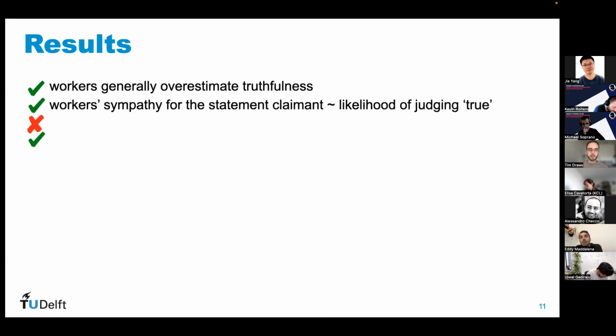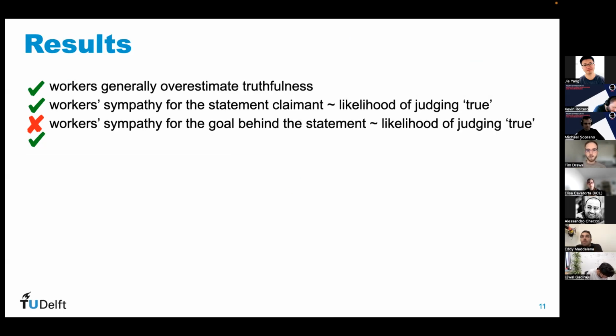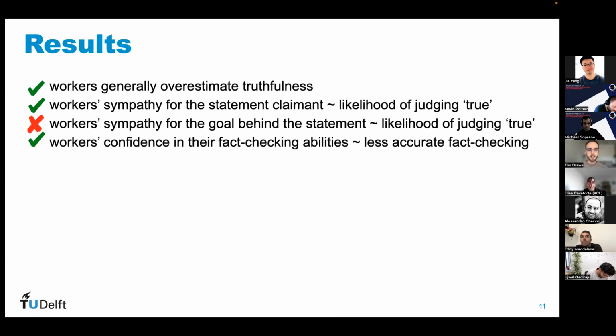We also found evidence for an affect heuristic. Worker sympathy for the statement claimant was positively related to the likelihood of judging a statement as true. We did not find evidence for a confirmation bias, but we did find this overconfidence bias. The more confident workers were, the less accurate, the worse their performance actually was. Quite a counterintuitive result.